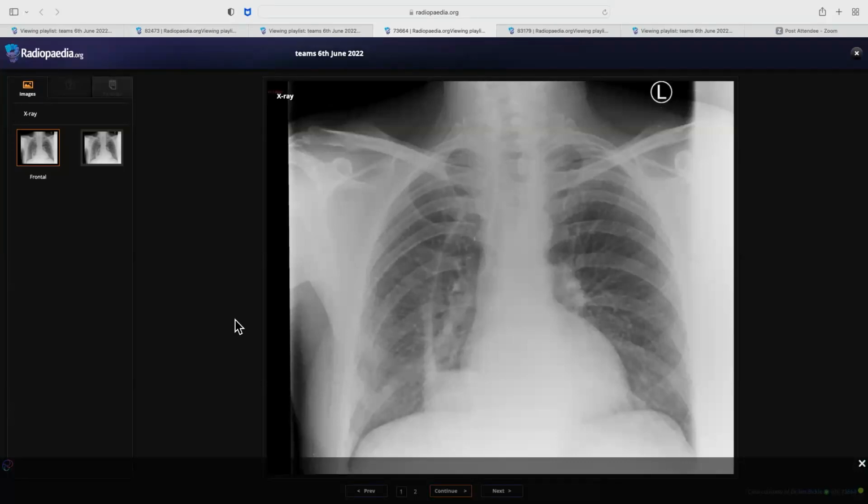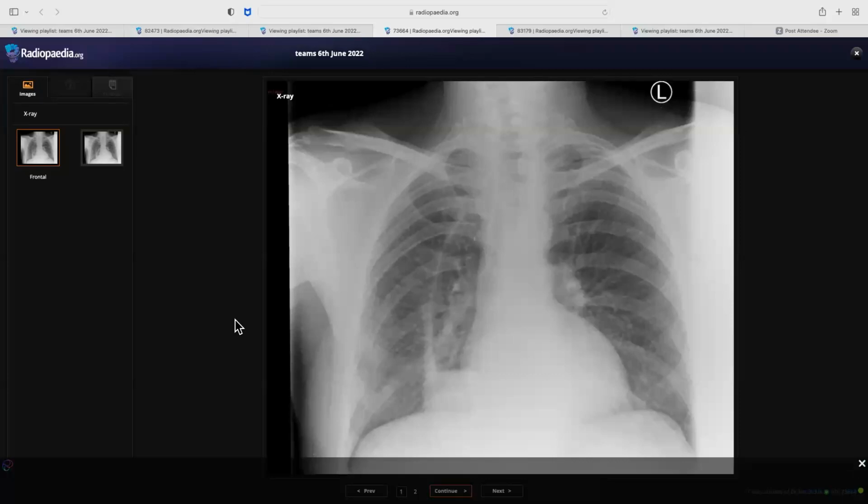There is no focal lesion. I can see there is a well-rounded opacity seen in the right cardiophrenic angle.